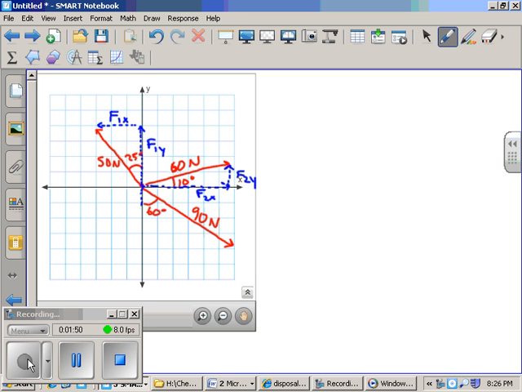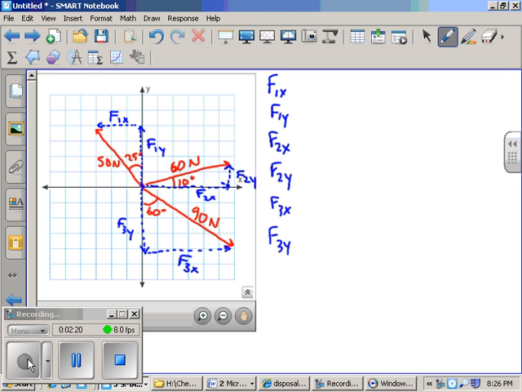And here we have F3y and F3x. And so we can calculate each of these: F1x, F1y, F2x, F2y, F3x, F3y. Alright. Well, this is nothing new.